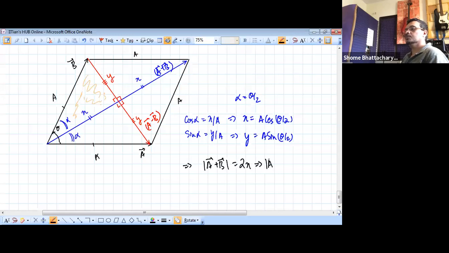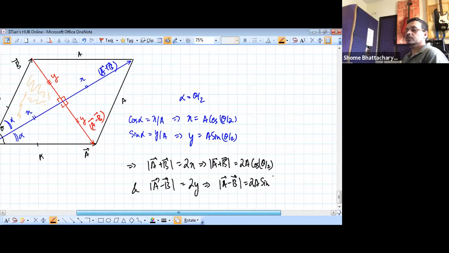So mod of A plus B is 2A cos theta by 2, and mod of A minus B is 2y. It implies that this is now a shortcut formula that we have. This is extremely useful. I'll show you how this is useful also.